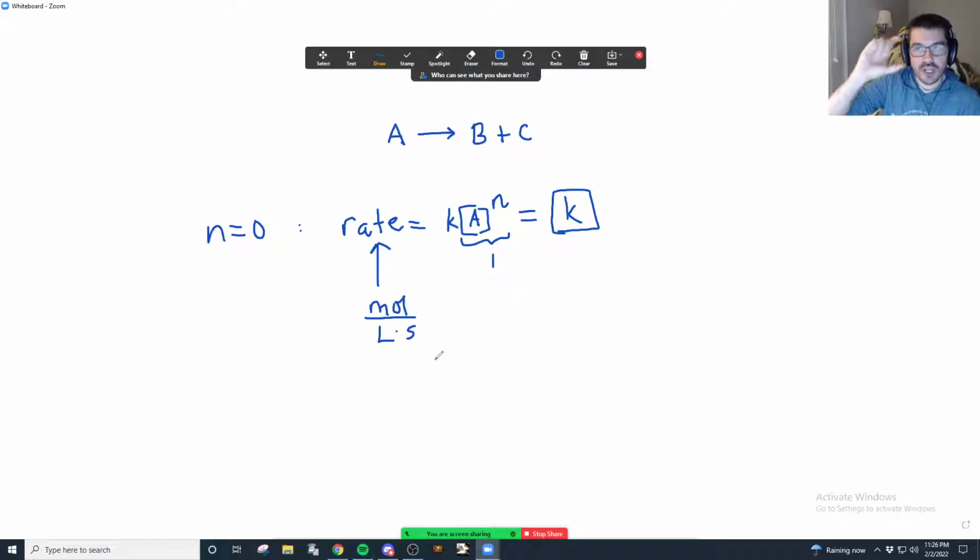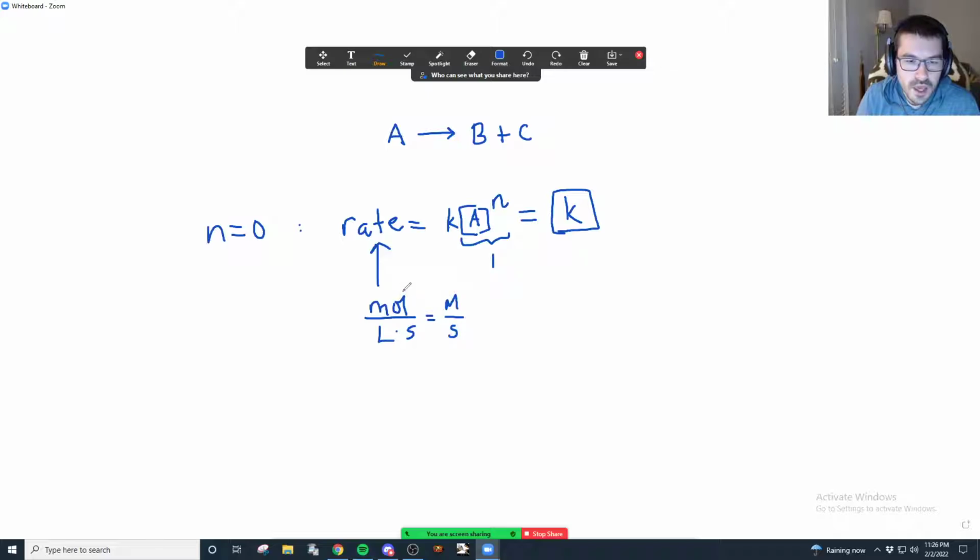It's the change in concentration per unit time. This would also be the same as saying capital M per second, so molarity per second. These would be the same thing.